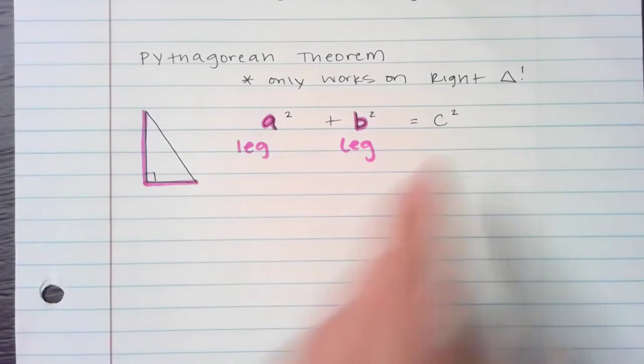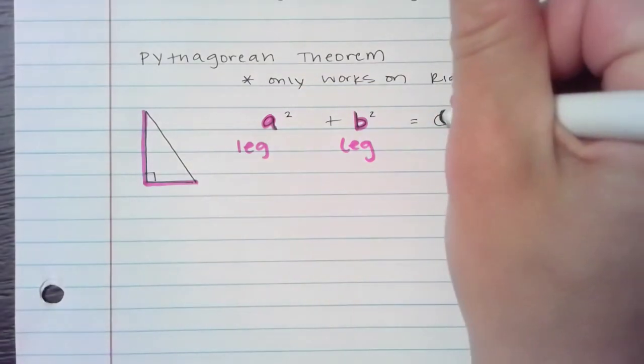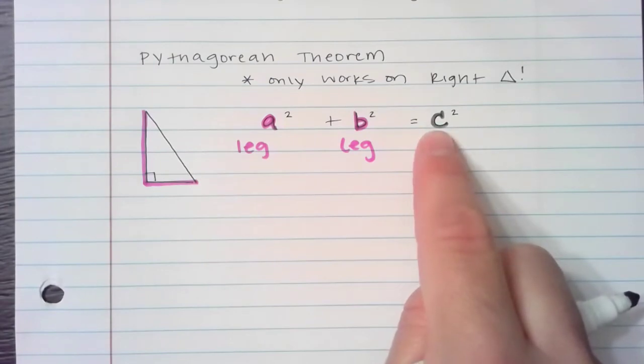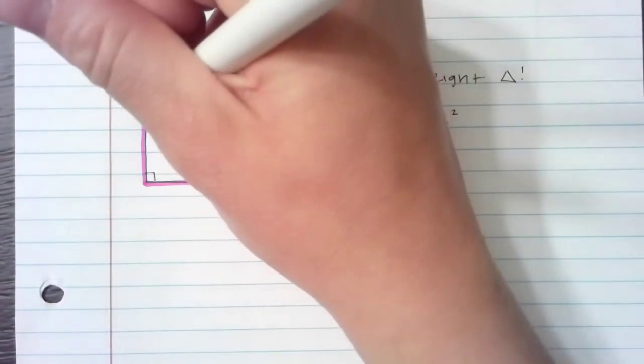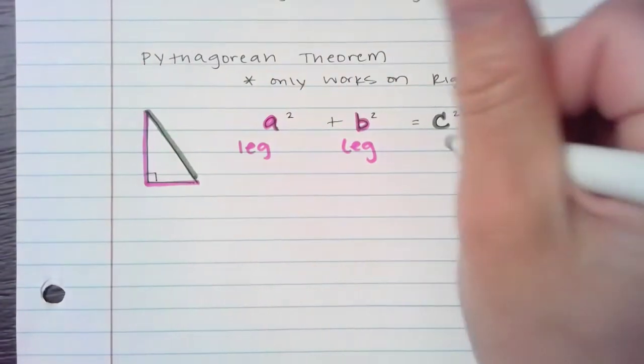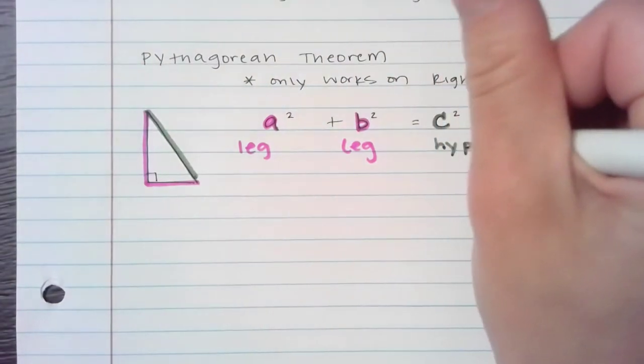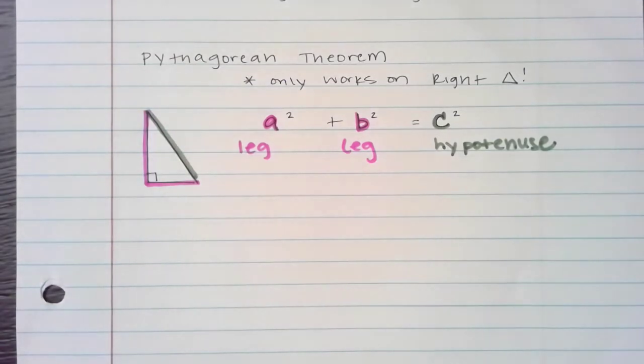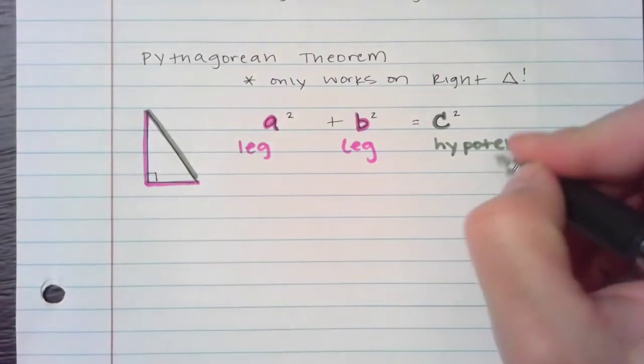The only thing that really does matter is you need to make sure C, or whatever side length it's equal to over here, is that longest length, or the hypotenuse. And in class, we'd have a whole bunch of fun saying hypotenuse and not hippopotenuse, but hypotenuse. Read it as it's spelled there.